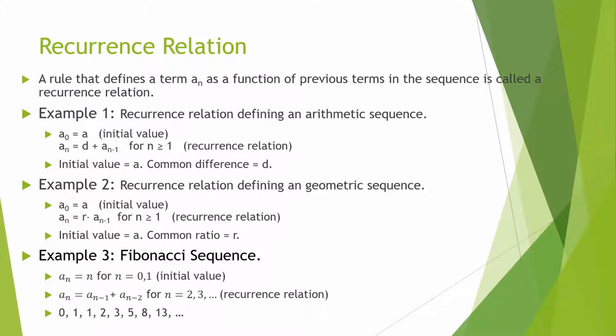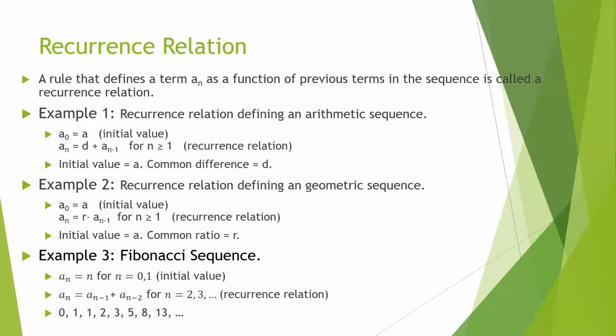So this is the explicit formula for the first two terms, the initial term and the second initial term. So a0 is 0, a1 is 1.